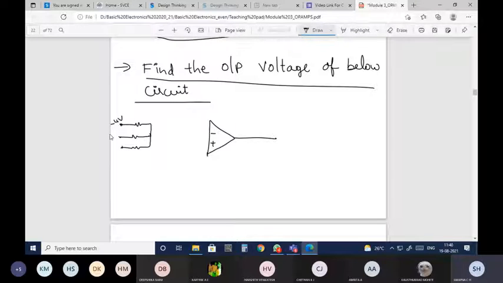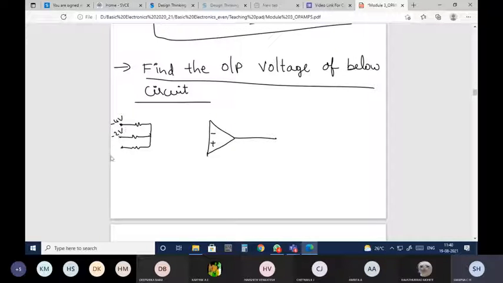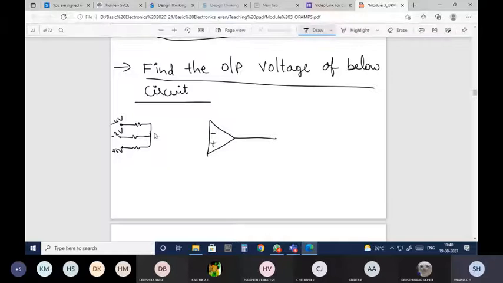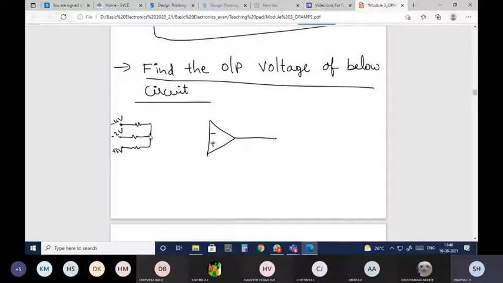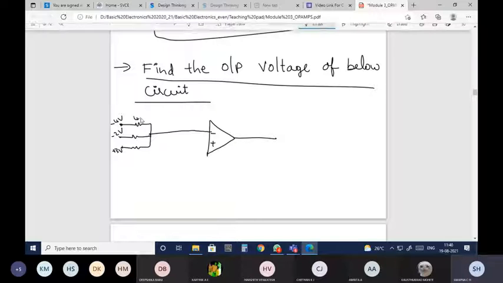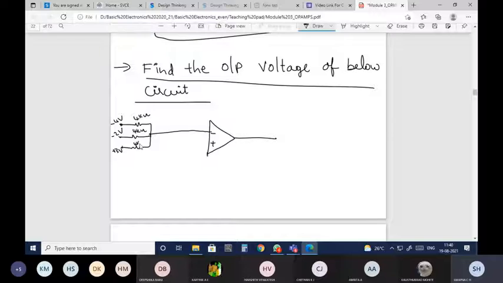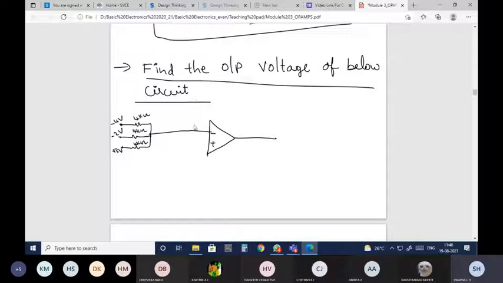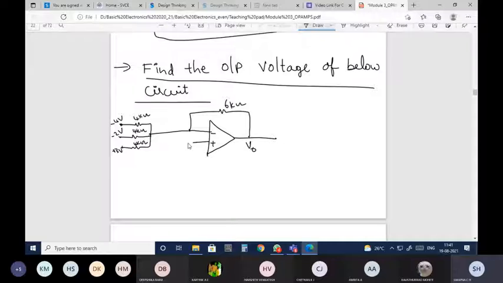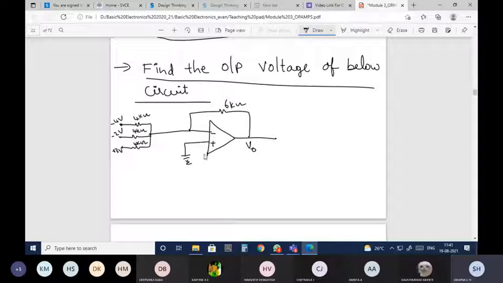Minus 4 volts, minus 2 volts, plus 3 volts. This is 4 kilo ohms, 4 kilo ohms, 4 kilo ohms. Okay, and then feedback resistor, its value is 6 kilo ohms. Vo is here, and this is grounded. This is the circuit he has given.